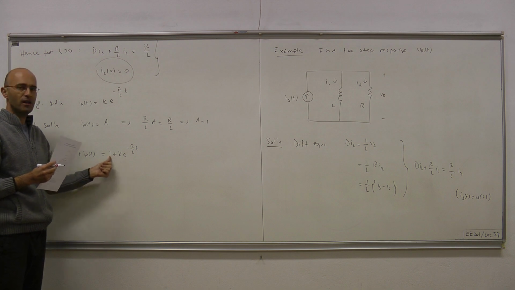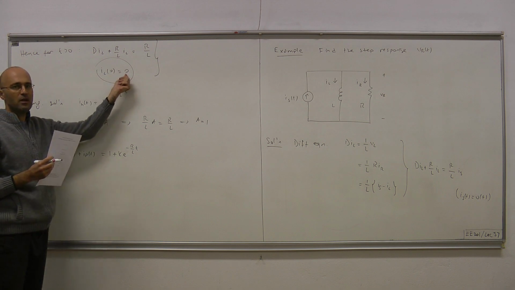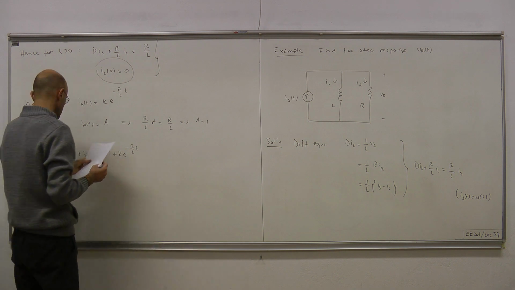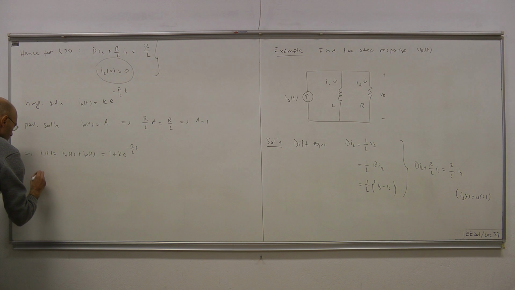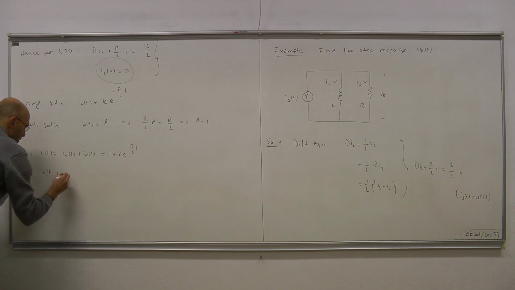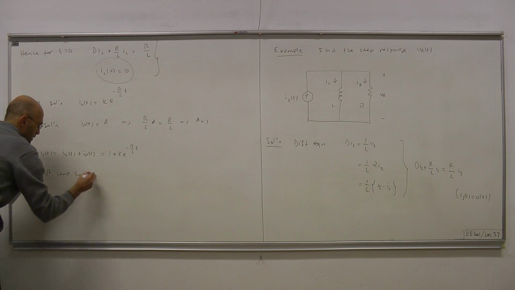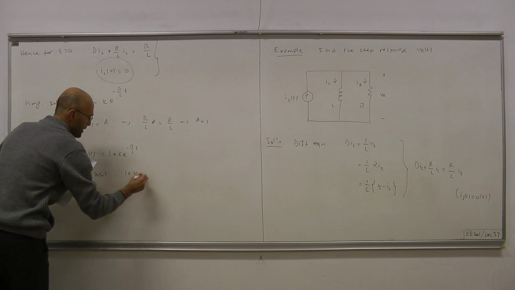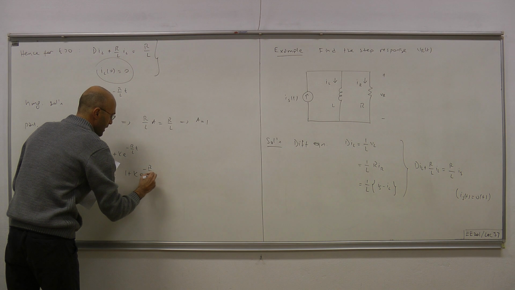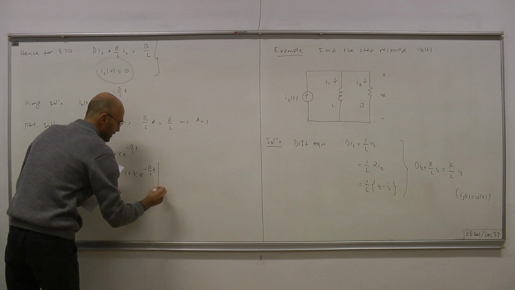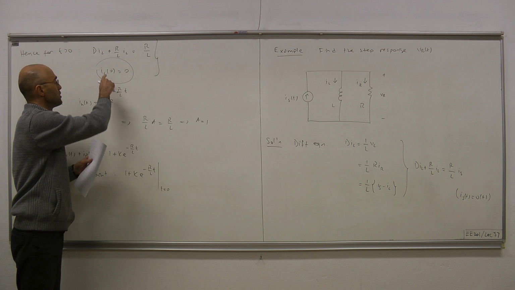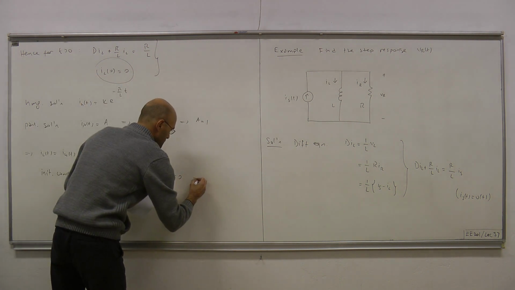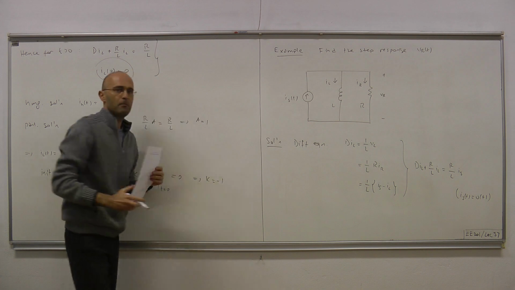So we have K plus 1 is IL(0), and that must be 0. Hence, K is minus 1. Okay, initial condition constraint: 1 plus K e to the minus R over L t evaluated at t equals 0 must be 0. That means K has to be minus 1.